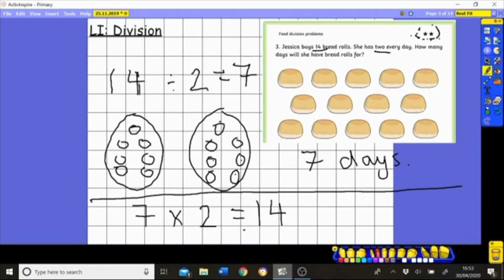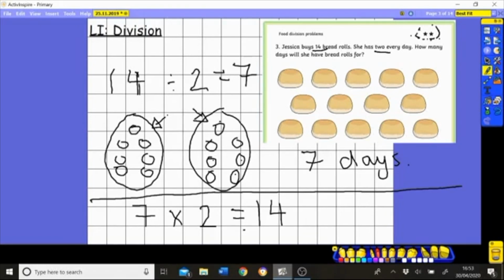Now, if you don't know what 7 times 2 is, remember you can add these 2 groups together. We worked on this in the multiplication video. It's repeated addition. So we can add 7 and 7, which is the same as 7 times 2.